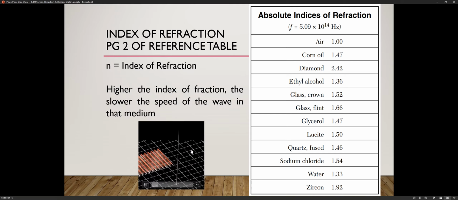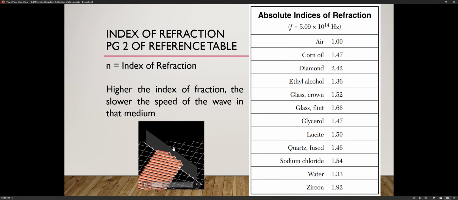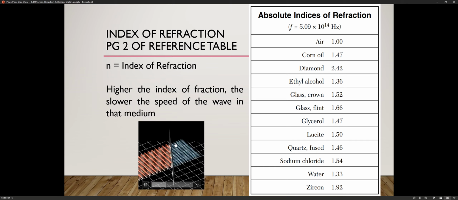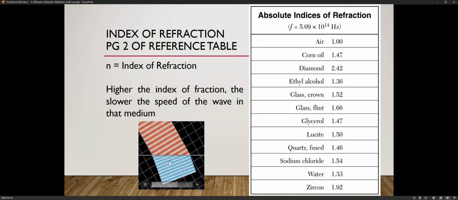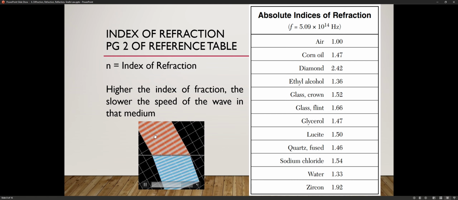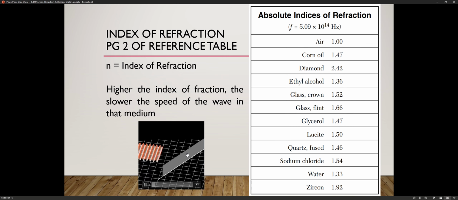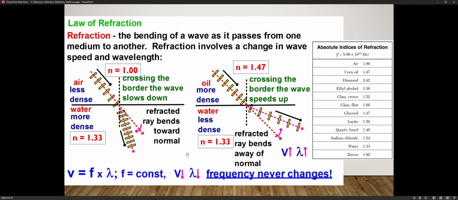As the light wave goes from this medium to another, if the light wave is slowing down, you see that the wavelength gets shorter here. If you notice the wavelength in between this orange line and these blue lines, you'll see that the wavelength of this blue line is shorter than the orange wavelength.